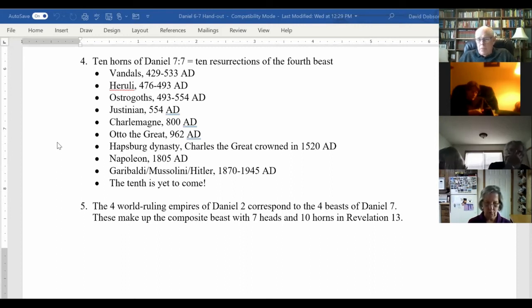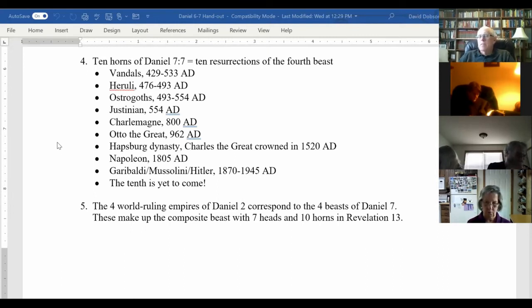There are a lot of parallels. In fact, Daniel 2, 7, and 8 make it possible for us to understand what we do understand of Revelation 13 and 17. But they come up out of the sea. Verse 3, 4 great beasts came up from the sea, each different from the other.